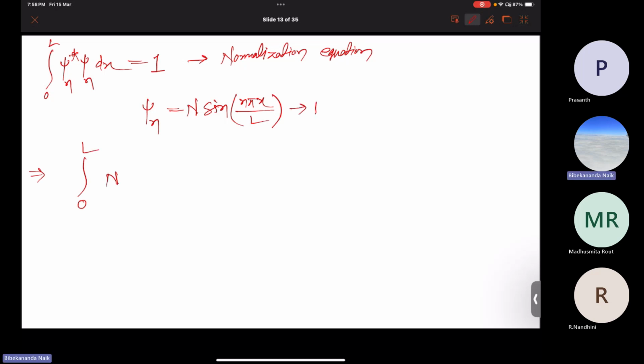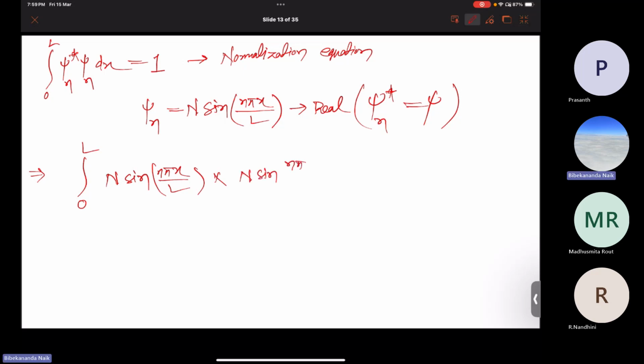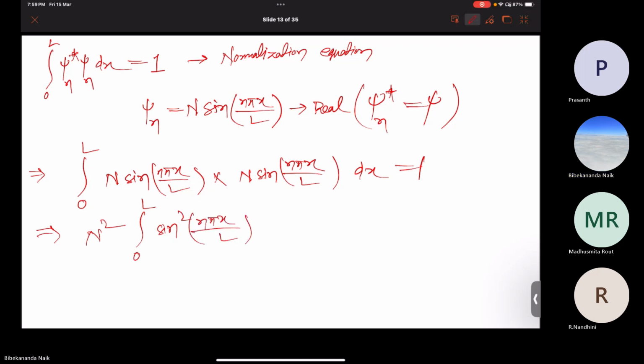Since this is real, psi n star will be equal to psi n, is it not? So it will be N sine(n pi x by L) into N sine(n pi x by L) dx equals 1.